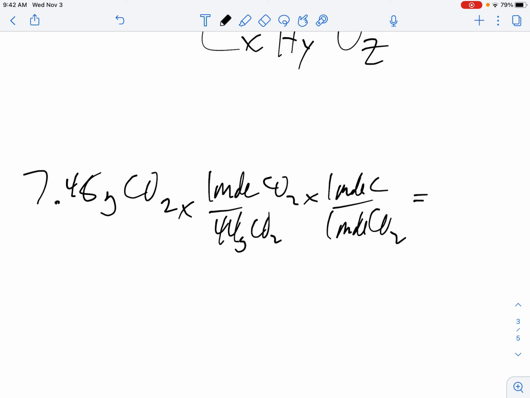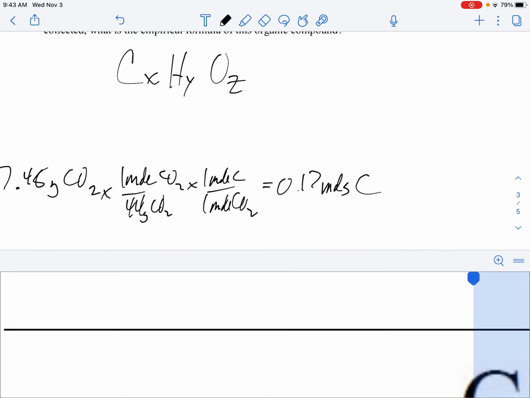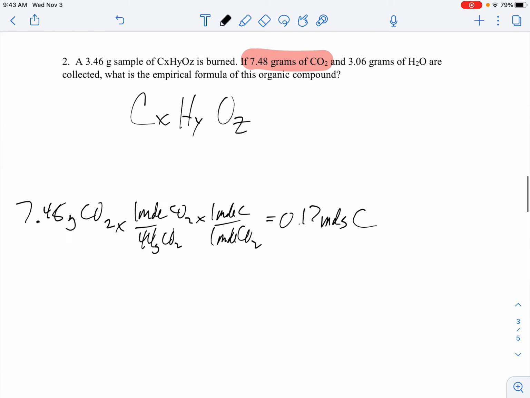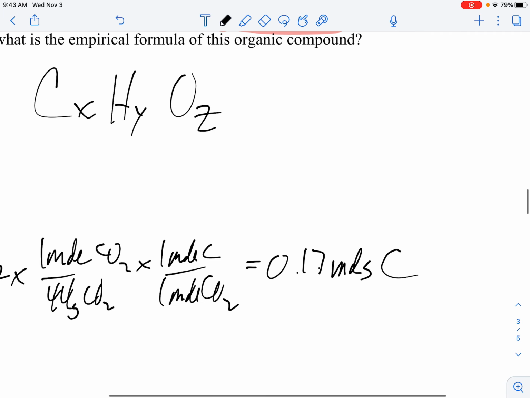And you get out your calculators and you do 7.48 divided by 44. That's going to get us 0.17 moles of carbon. So I can go right ahead and put in 0.17 moles of carbon as my value here for X. So this guy right now is going to be 0.17.